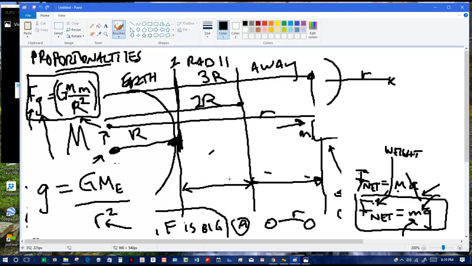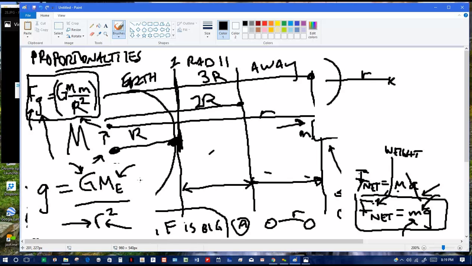So you might be interested: what is the value for g at some point in space? As long as you know how far away that point is from the center of the Earth, you would plug that value in right here, in meters, and then put the value for G, that 6.67 times 10 to the minus 11 I mentioned before, would go there, and the mass of the Earth would go right here, and the number would pop out of that equation.